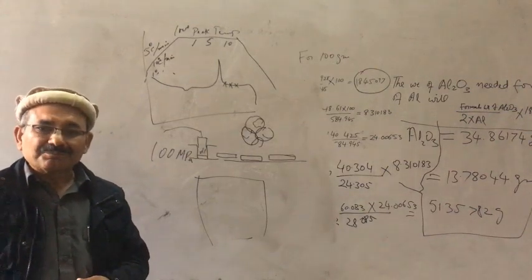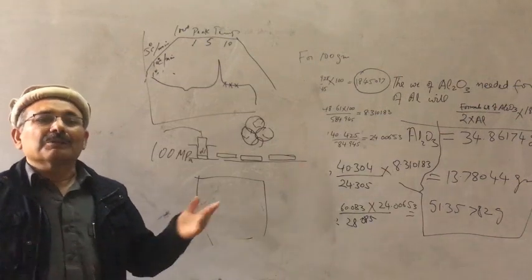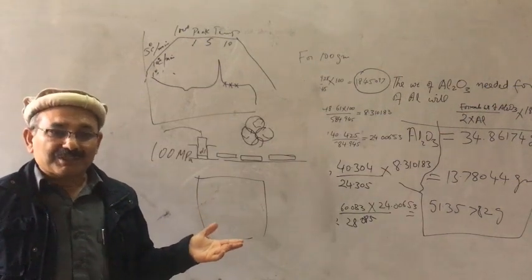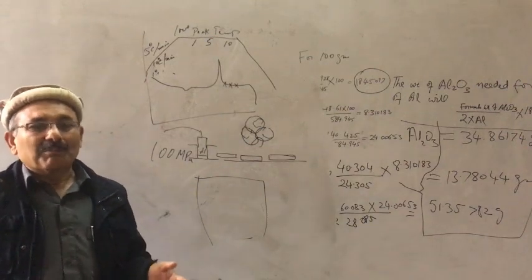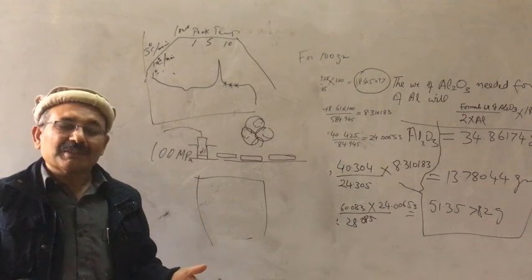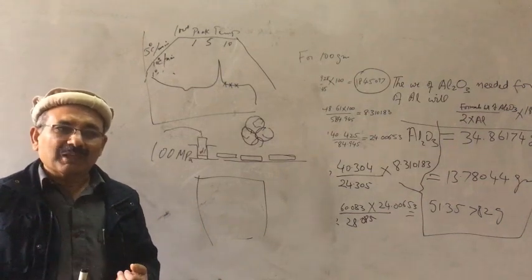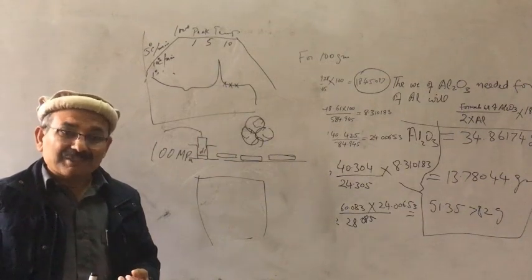Some people make excellent material although they may not be academically that sound. Some people are academically excellent but they may not be producing excellent material. This means that in addition to knowledge, ceramics preparation is a skill as well.